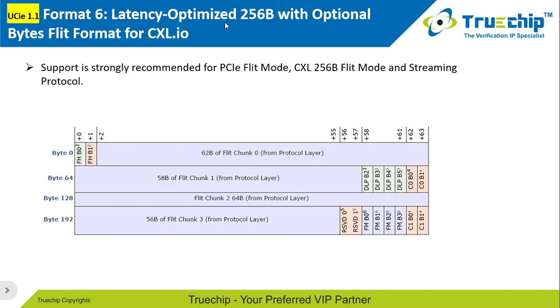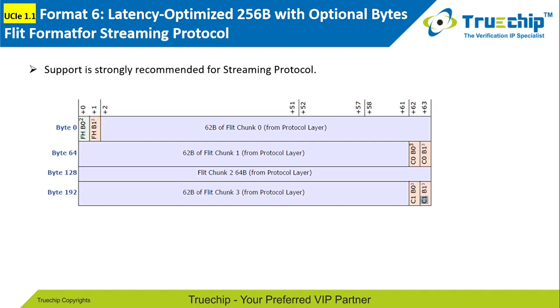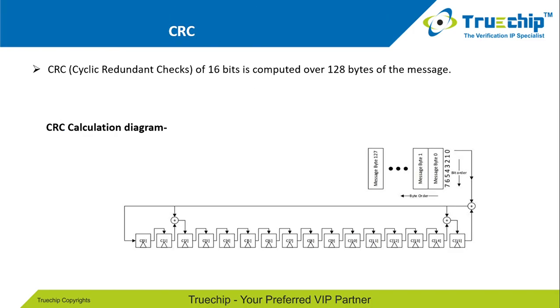So this is latency optimized 256 byte with optional bytes flit format for CXL.io, which is strongly recommended for PCI flit mode, CXL 256 byte flit mode and streaming protocol. And this one, format 6, is also enhanced in UCI 1.1, which is latency optimized 256 byte with optional bytes flit format for streaming protocol, which is strongly recommended for streaming protocol.